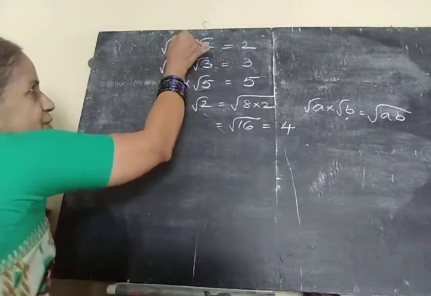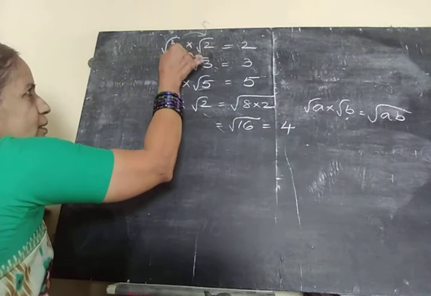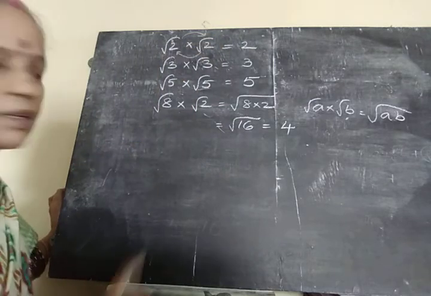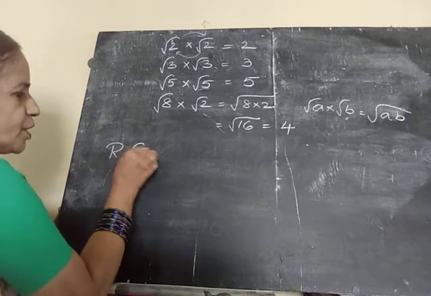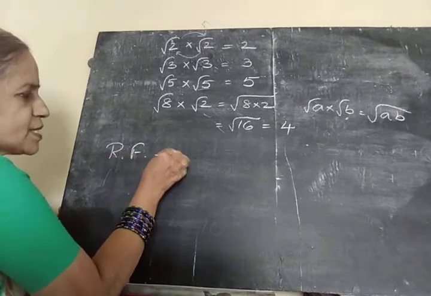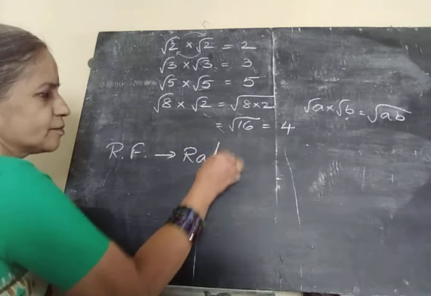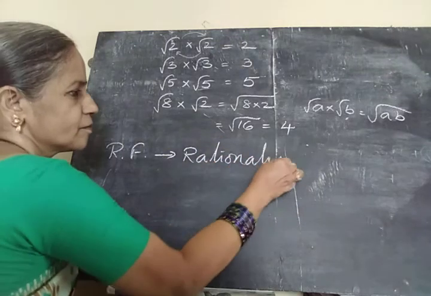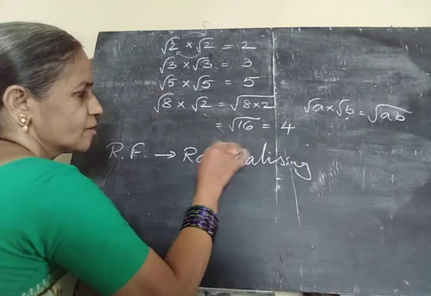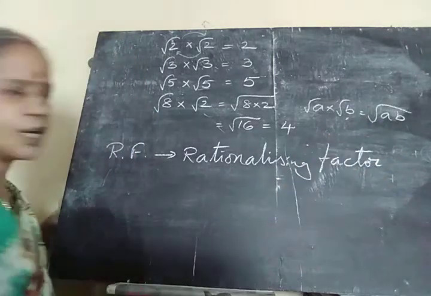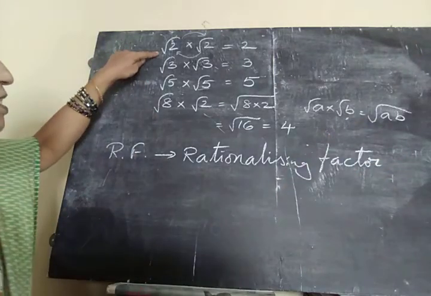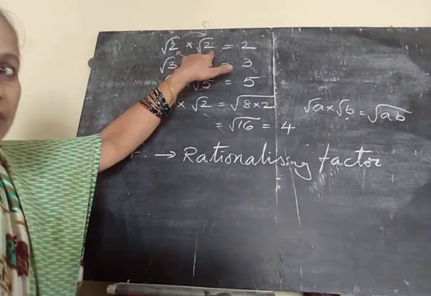So here these two together are called rationalizing factor, RF. RF means rationalizing factor. Root 2 is the rationalizing factor of root 2. Okay.